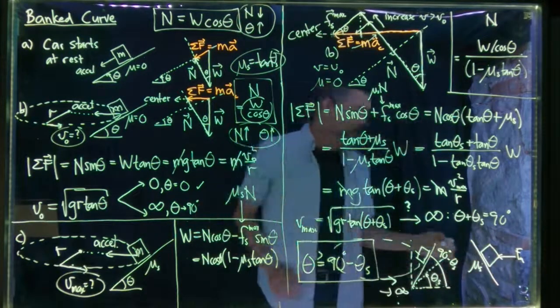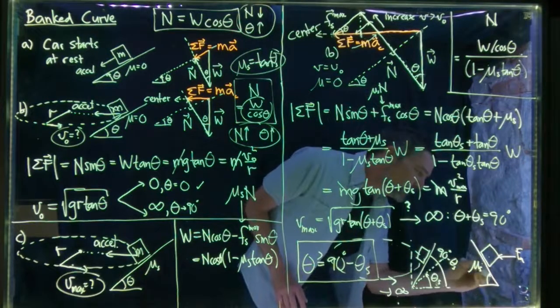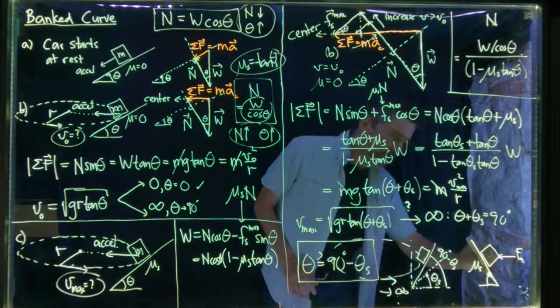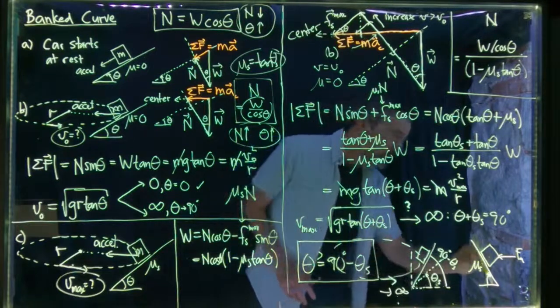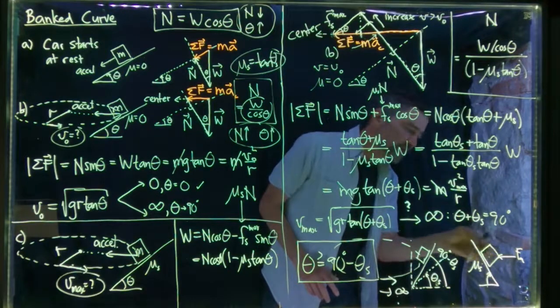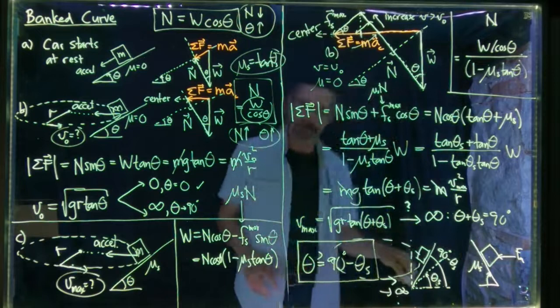What we found in this example is that when the tilt angle of the inclined plane is equal to or greater than 90 minus theta s, you can actually apply infinite horizontal force without this thing breaking static friction and accelerating up. This example is identical to this example.